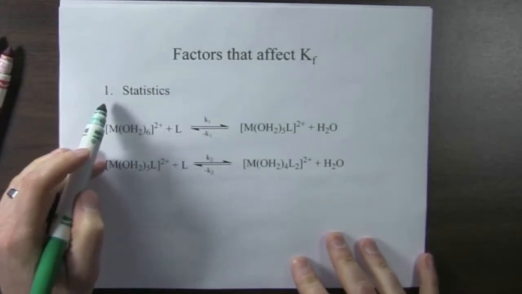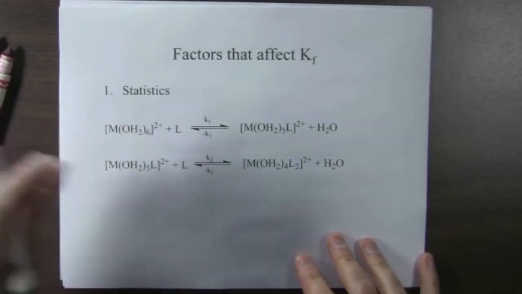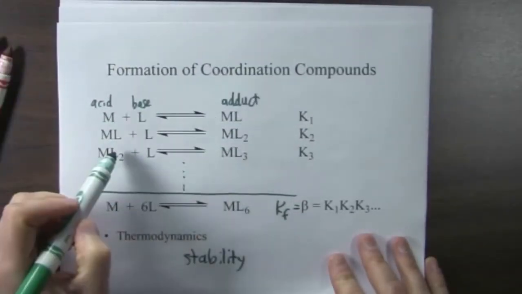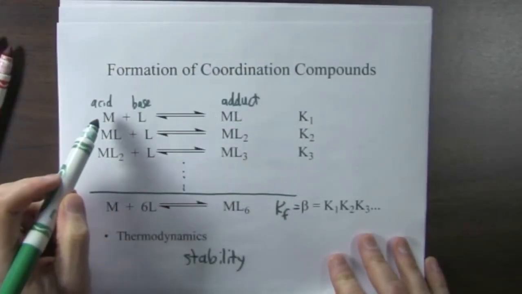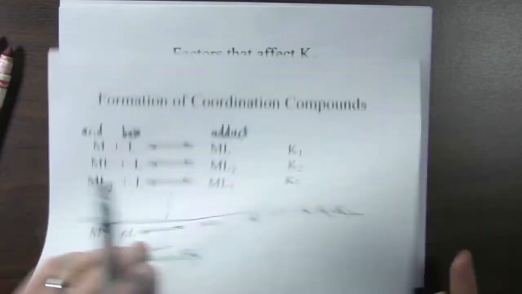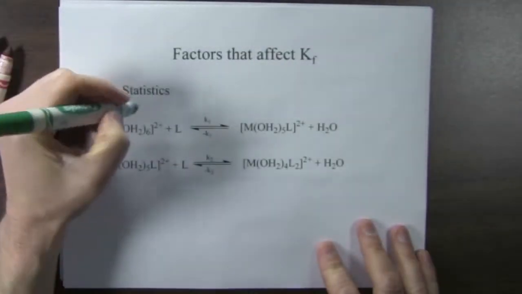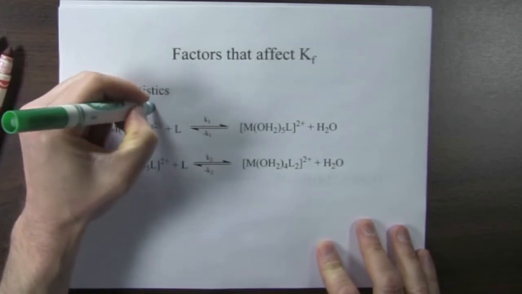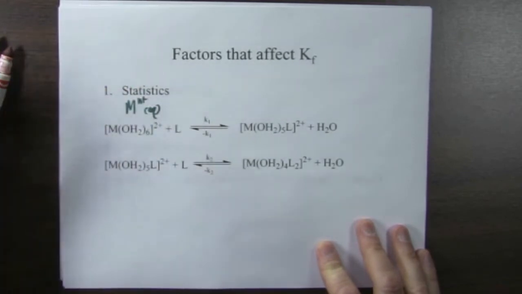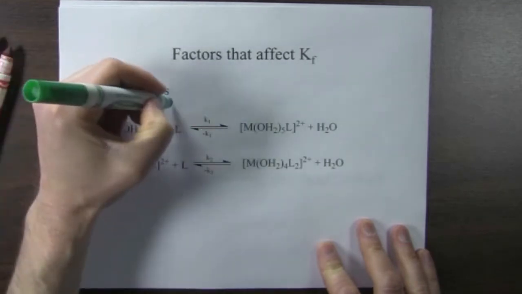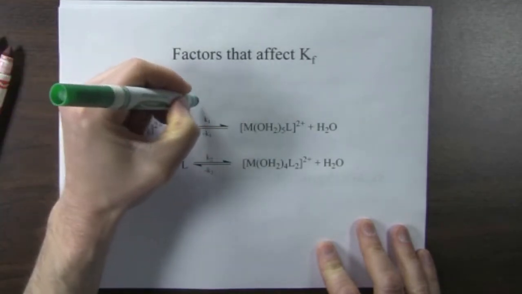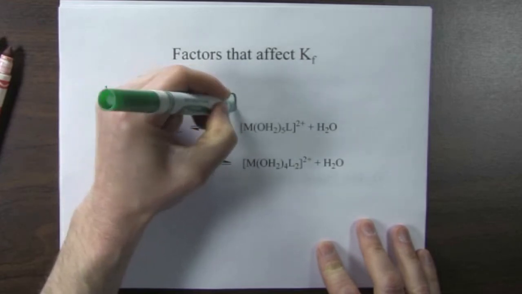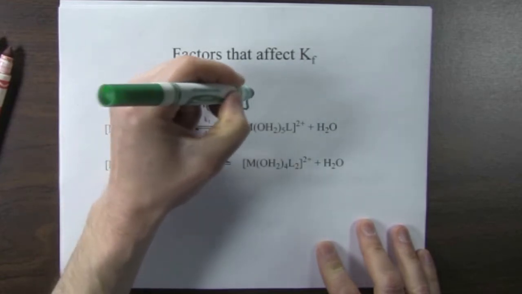One is statistics. So again, let's step back a little bit and recognize in the gas phase this would be the case. Usually though we're working in an aqueous solution. And so we have the metal ion in water, which is the same as a metal complex of water, usually 6-coordinate.